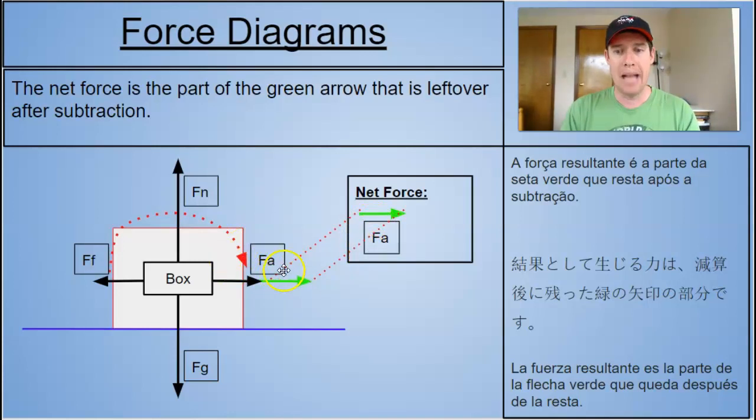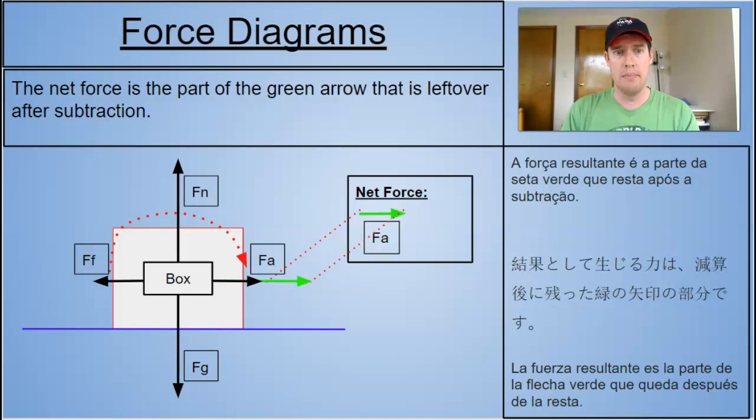See, the magnitude of the applied force, or the strength of the applied force, is stronger than the friction that's trying to oppose it. So it is moving in that direction with that amount of force, and this is the name of that force.